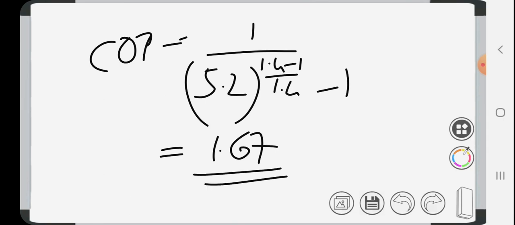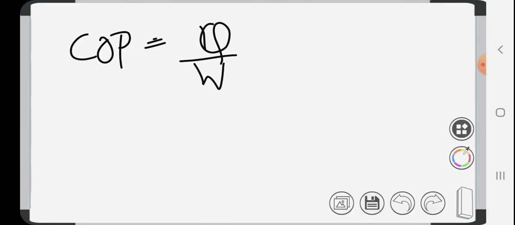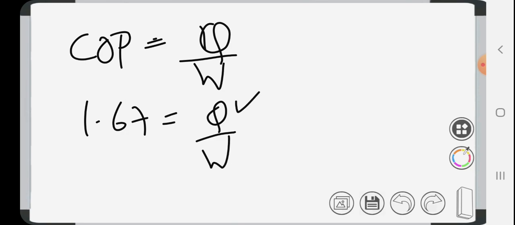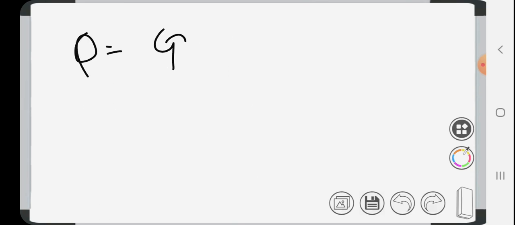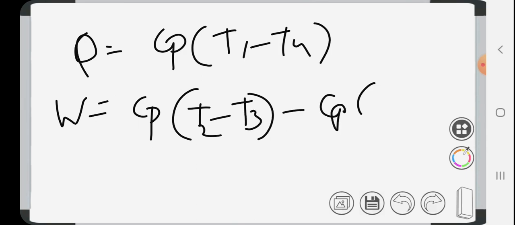So if you have the value of COP, you can calculate: COP equal to Q by W. So you have 1.67 equal to Q by W, but you don't have the value of either Q or W. That is why we have written the equations Q equal to Cp into (T1 minus T4), and W equal to Cp into (T2 minus T3), higher minus lower, minus Cp into (T1 minus T4).